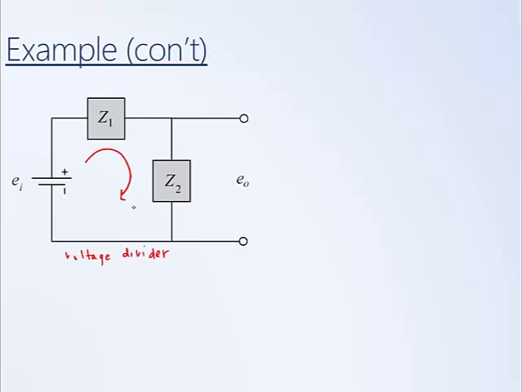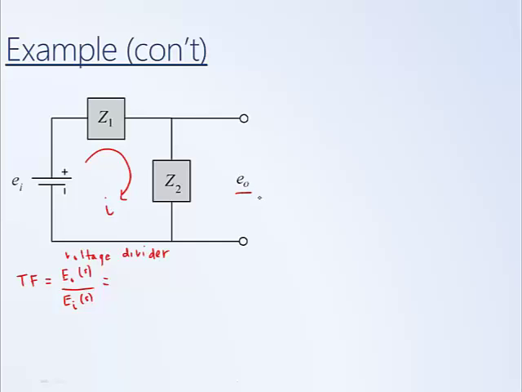I'm going to make the assumption that the current is equal to I and it flows clockwise around the circuit. If you recall, a transfer function that we're trying to find is E_O(S) divided by E_I(S). It's basically the Laplace transform of the output divided by the Laplace transform of the input.